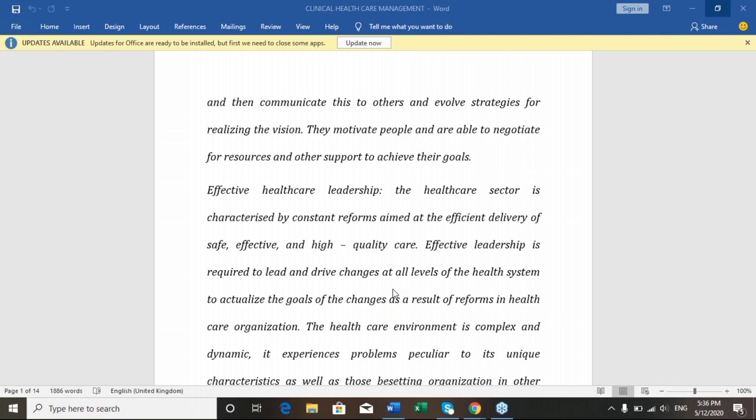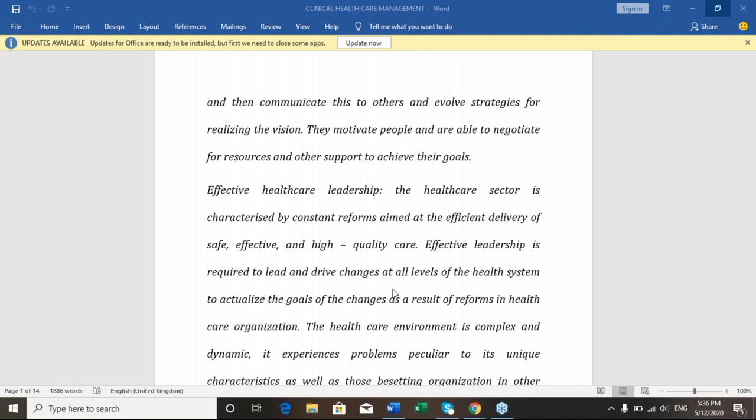However, such reforms are necessary to meet the expectation of the population and ensure the delivery of safe, effective, and high quality health care.